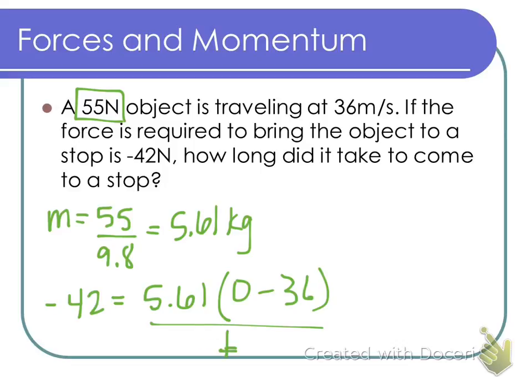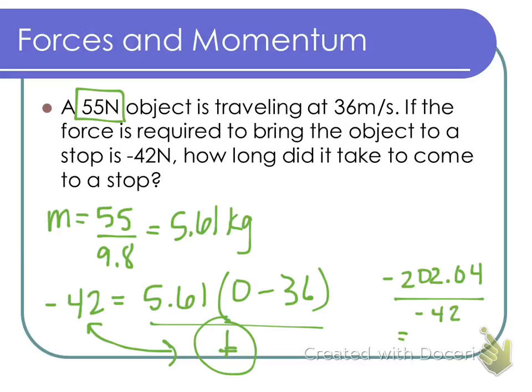And when our variable's on the bottom, remember what we do? We switch those two places, so we would take 5.6 times negative 36 and get negative 202.04, divided by negative 42, and we got about 4.81 seconds, somewhere in there. Good job catching this, taking that divided by 9.8.